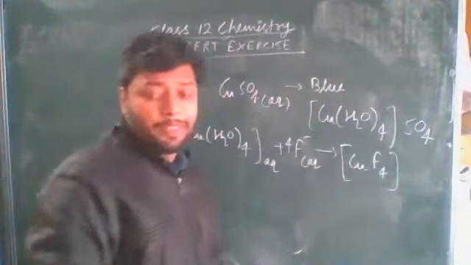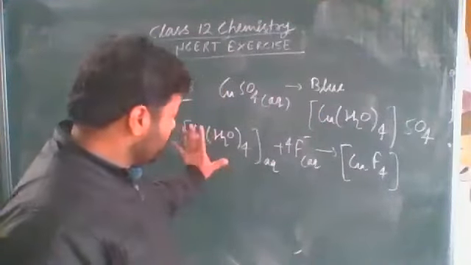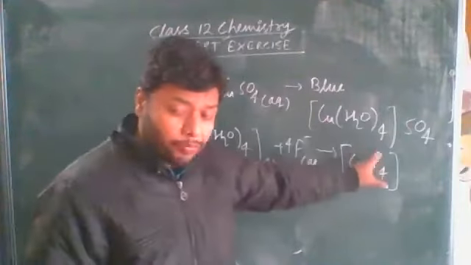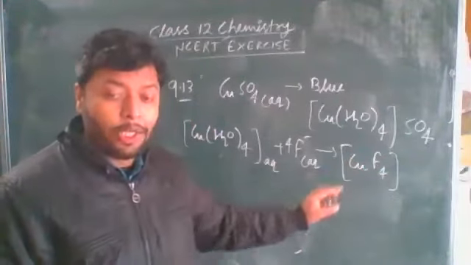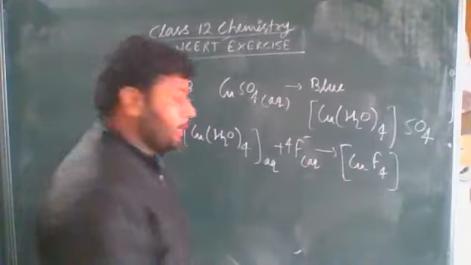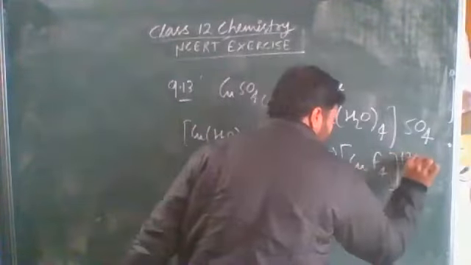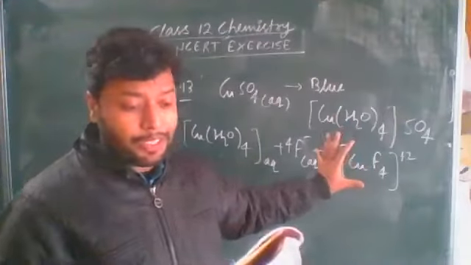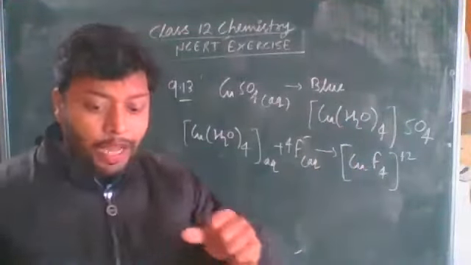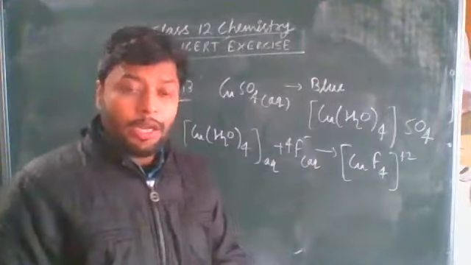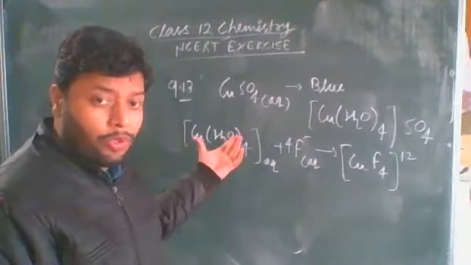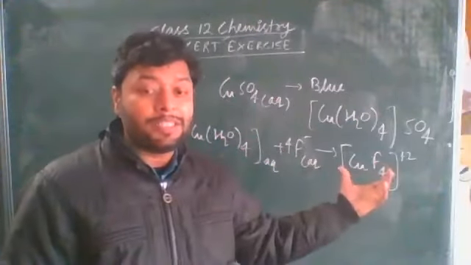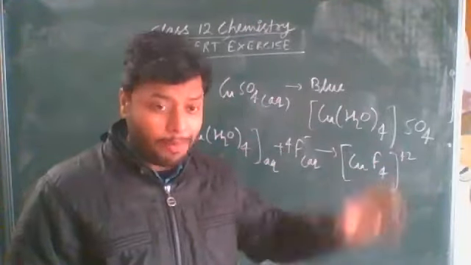The green precipitate is due to the formation of another complex of the copper(II) ion with chloride, and now the charge is +2. So this is why a green precipitate is formed. During addition of the copper sulfate solution to potassium chloride, there will be a green precipitate, due to the formation of this complex.